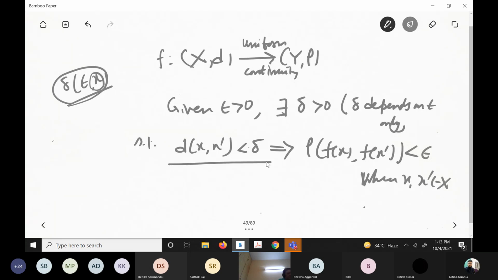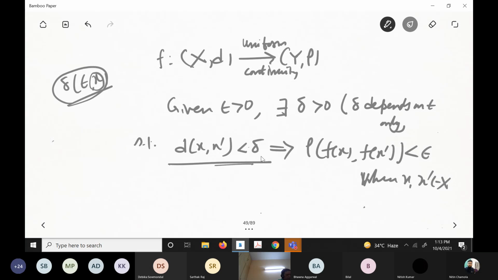As long as you have this, then you have this. Got it? Make sure that you understand that this delta only depends on epsilon.